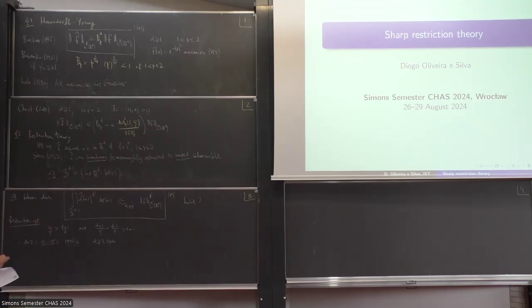A useful special case is when p' equals p equals 2. This is special because in that case we can compose the restriction operator with its adjoint, and a version of the TT* method allows us to prove the sharp result.